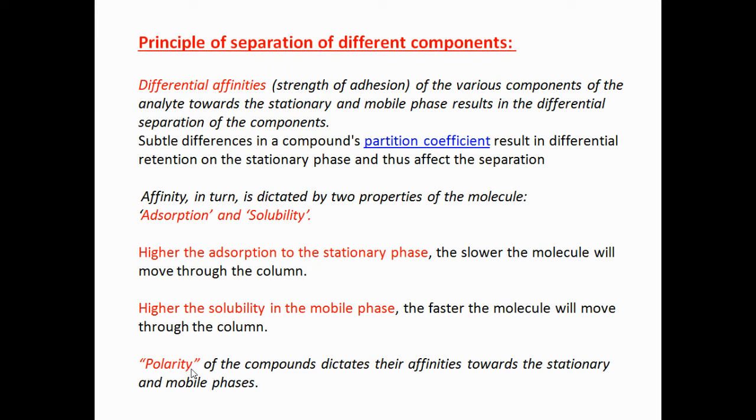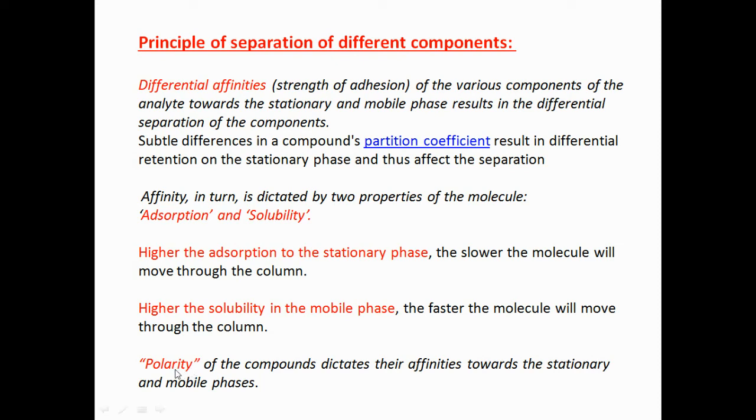Suppose the stationary phase is polar in nature, then what happens? The sample components which are polar will have more affinity towards the polar stationary phase, so the distance traveled by that particular component will be less. So that means like dissolves like.